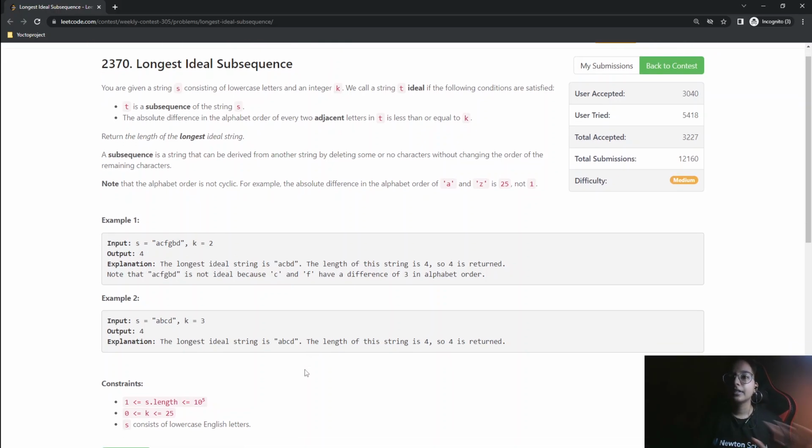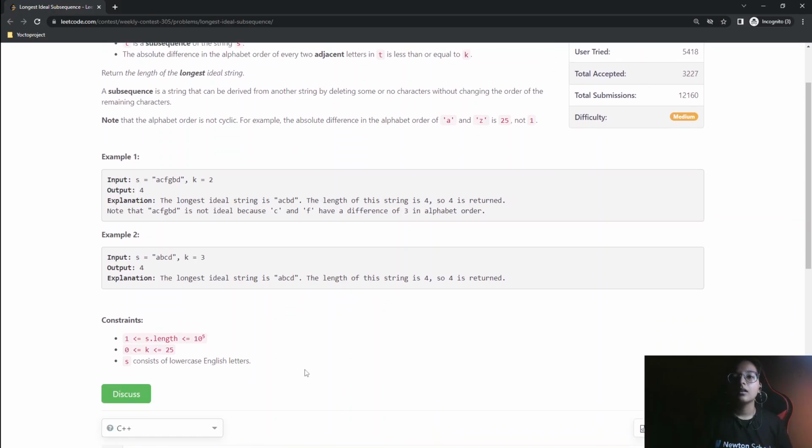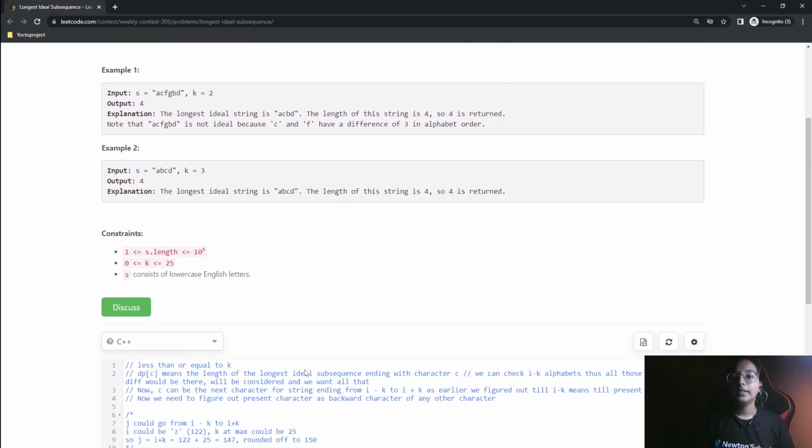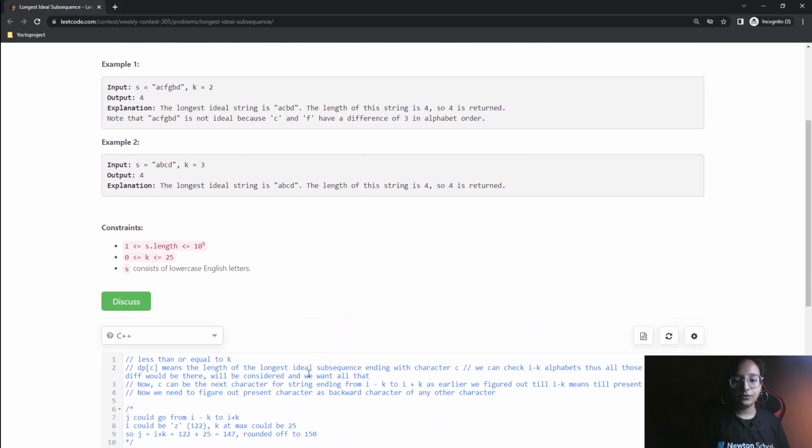So now comes the part that how we are required to code this question. So before coding, let me show you about the few pointers which would be required. So what we are doing is we are required to check for less than or equal to K, right? That I already explained you this. And then the thing is that dp of C, that is because we would be directly going with bottom up solution.